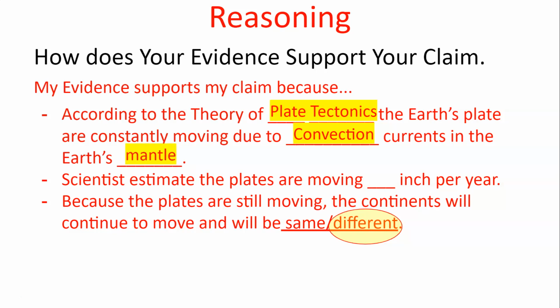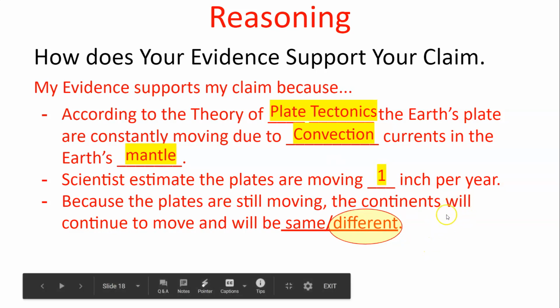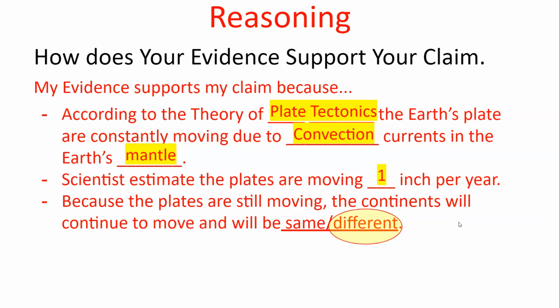So here again, in that reasoning, I'm using some scientific principles. Let's keep going. Now, scientists estimate that the plates are moving about 1 inch per year. And because the plates are still moving, the continents will continue to move and will be different. So this sort of wraps up everything. Essentially what I'm saying is my evidence supports my claim because there's this theory called plate tectonics that the plates are constantly moving due to convection.